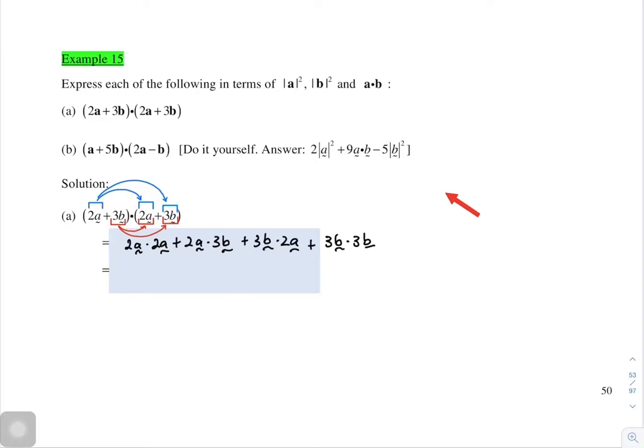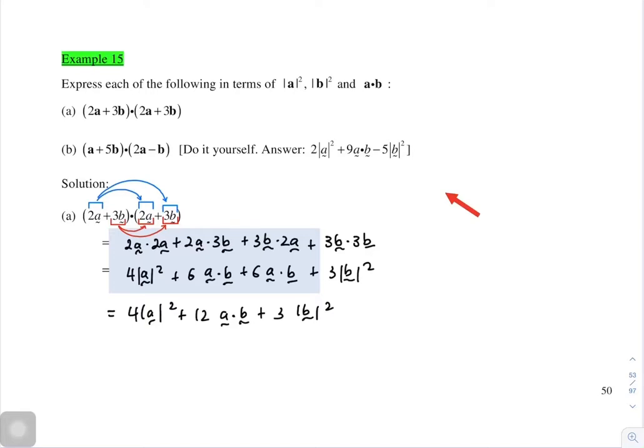This can be simplified to 4 modulus of a squared plus 6a dot b plus 6a dot b plus 3 modulus of b squared. And therefore we have 4 modulus of a squared plus 12a dot b plus 3 modulus of b squared.